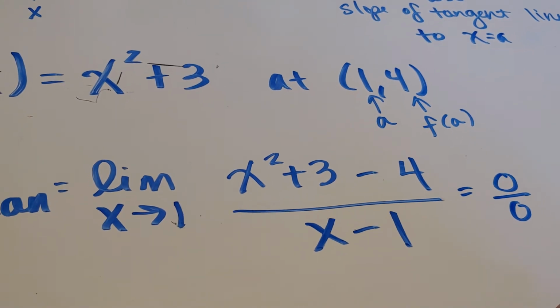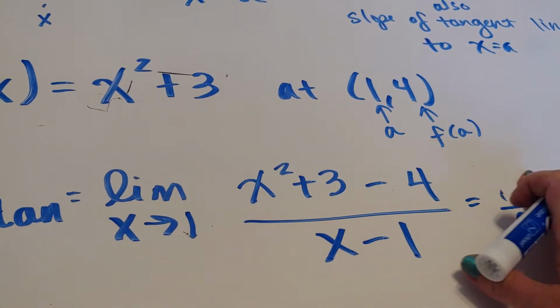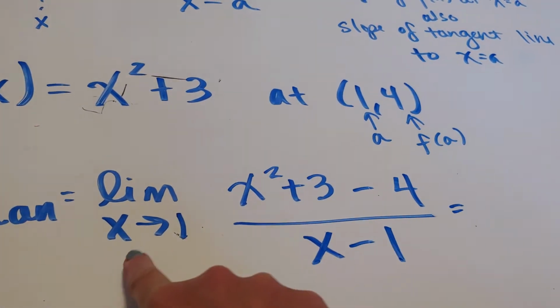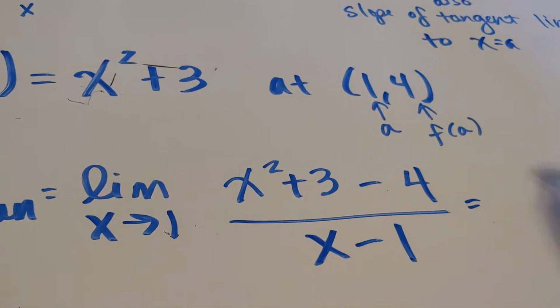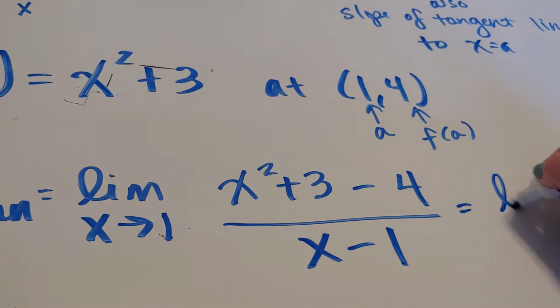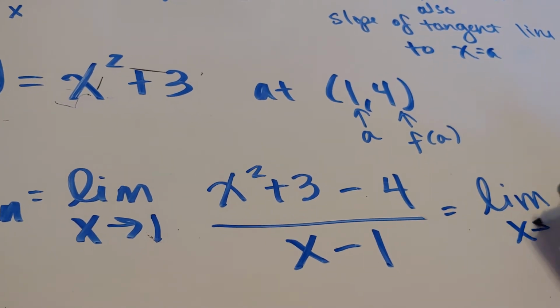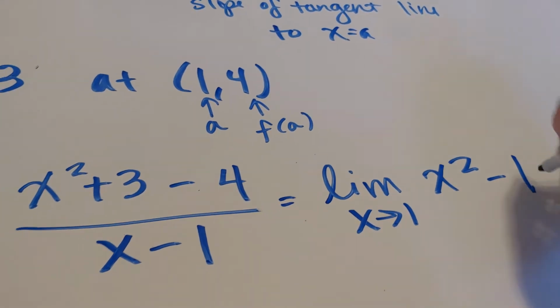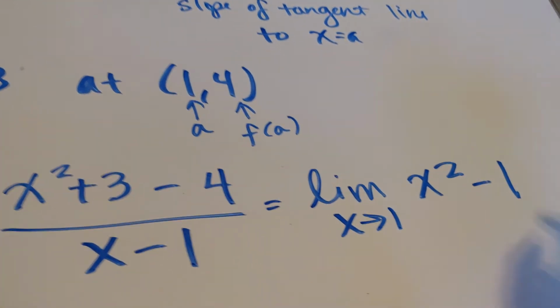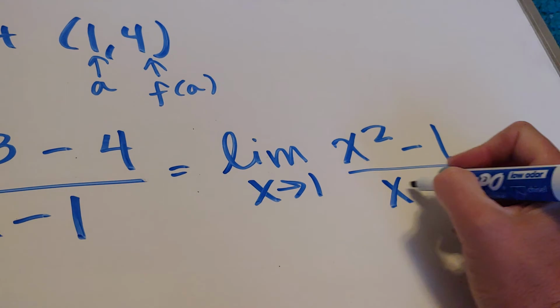What's going to happen every single time you do these problems is that if you actually plug this in, you're going to get 0 over 0. So we have to do some algebra, guys. When I look at that top, I'm going to get x squared minus 1, since 3 minus 4 is minus 1, all over x minus 1.